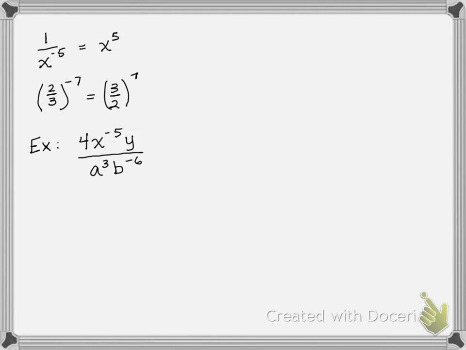If I want to simplify that, I always start with one big fraction bar. Just draw one big line and then go through factor by factor. That 4, does it have a positive exponent or a negative exponent? Oh no, it's positive because that's really 4 to the 1st power. So that 4 stays put.